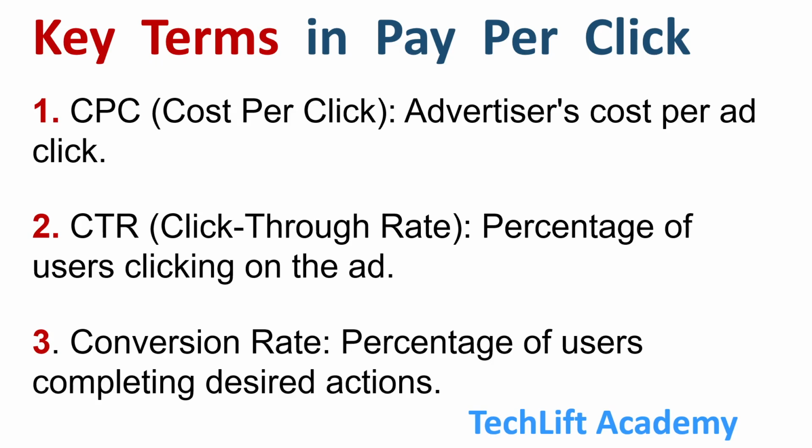So we have the cost per click. This is the advertiser's cost per ad click. Every time the advertiser has put out their advert that is running, and you as a user make a click, they incur a particular cost. We have looked at affiliate marketing, where affiliates are other people advertising on behalf of the company.